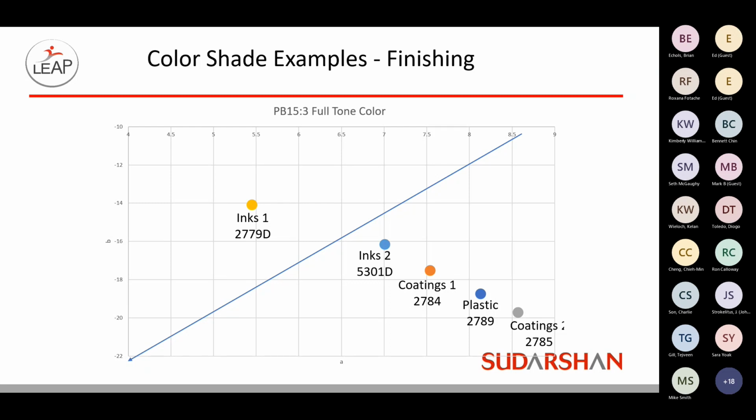So for the Pigment Blue 15.3, we want to develop as much green value because it is the beta crystal in this particular case. So overall, the couple of the plastics and coatings grades do develop the most blueness, of course, but they don't necessarily develop the most green.